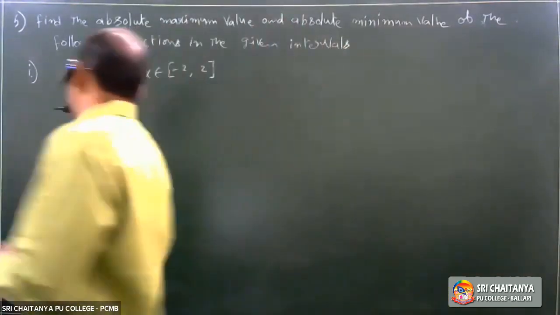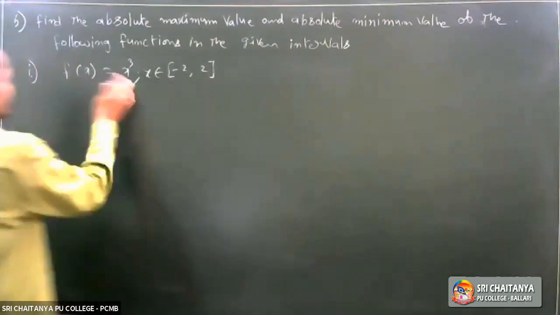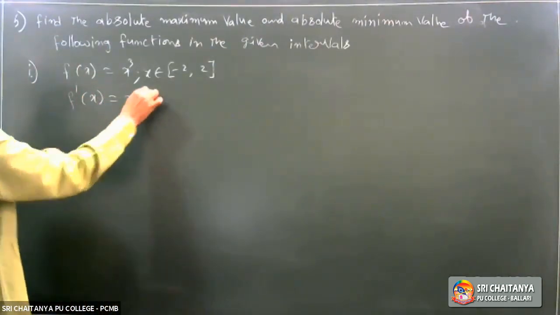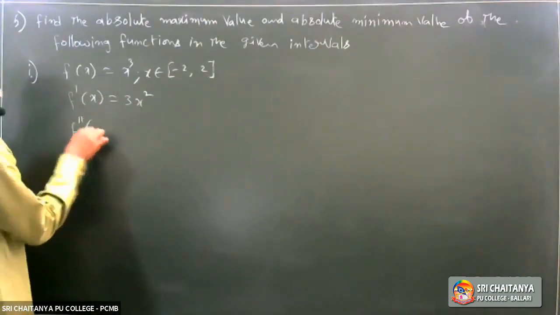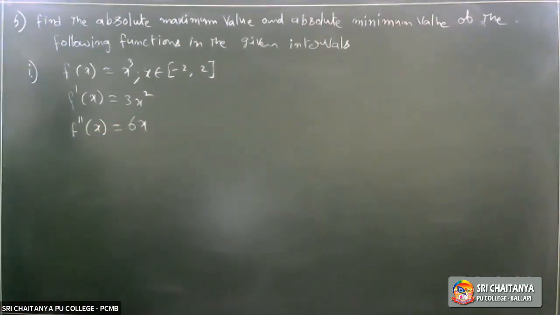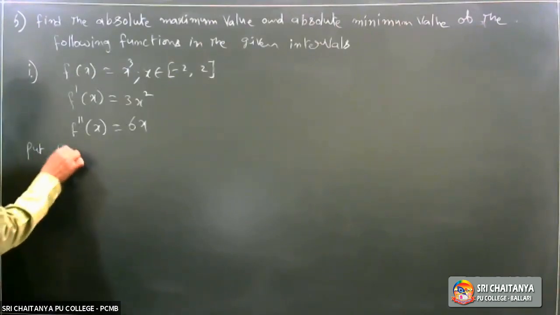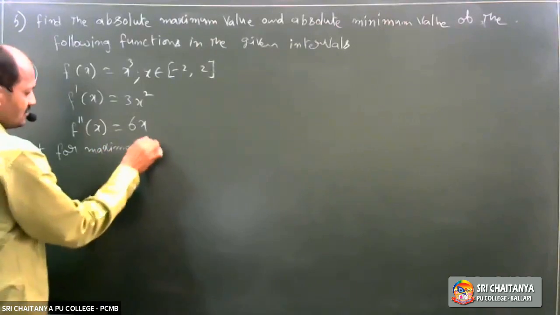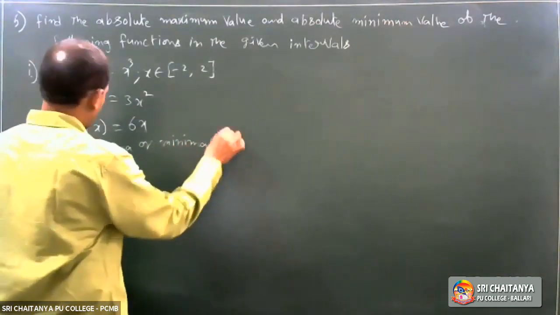Okay? So the given function is x cube. What about its derivative? 3x square. Second order, f double dash of x, it is 6x. Okay? First, for maxima or minima, put the first derivative equal to 0.